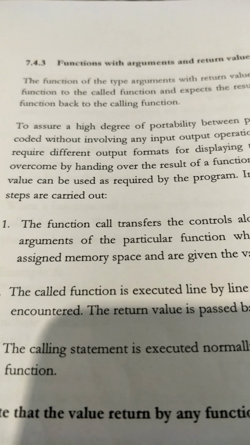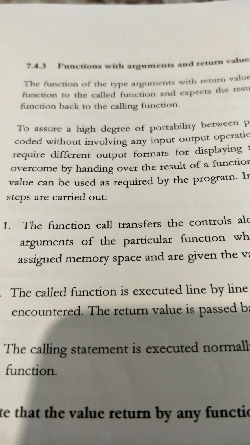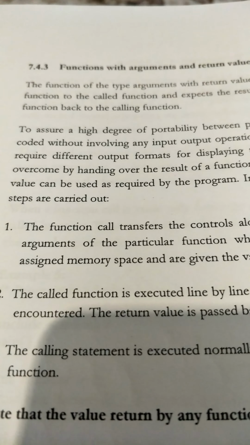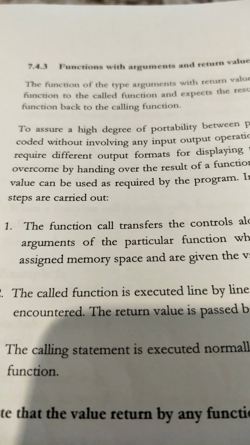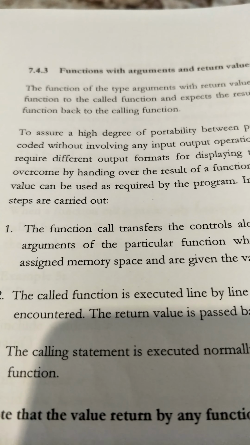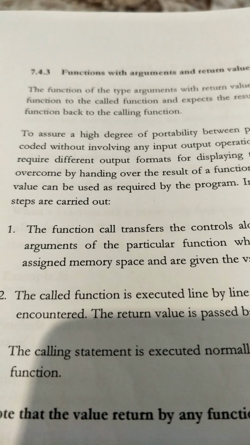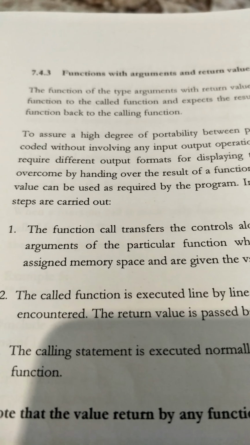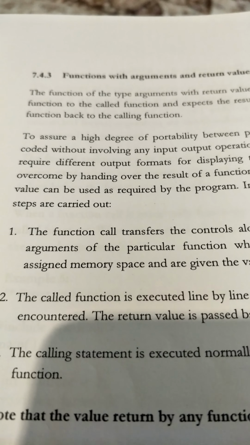Whereas for this case, function with argument and return value, we build a function where the function obtains the data from the main program, the main body of the program.